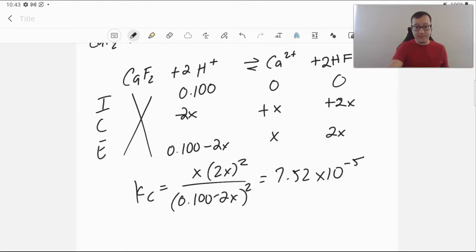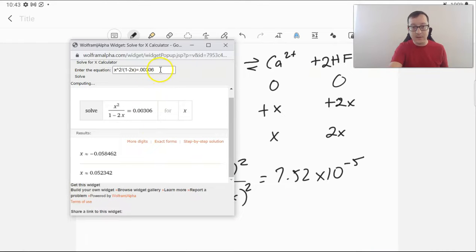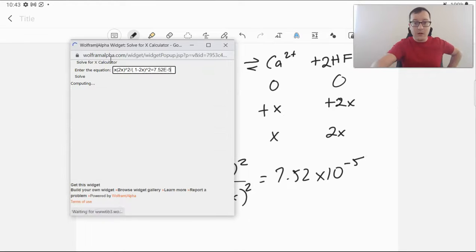All right. So, bust out thy widgets. Here it is. We're going to plug this in. So, x times 2x squared divided by 0.1 minus 2x, also squared, equals 7.52 times 10 to the negative 5th power.